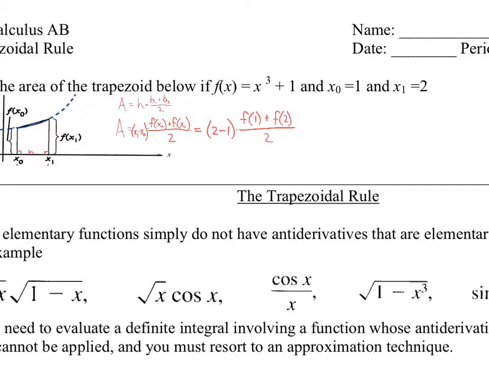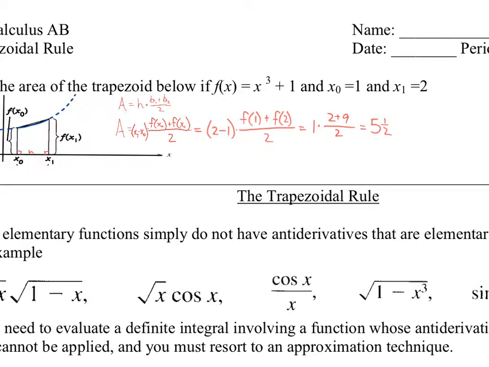Well, f of 1 is going to be 1 cubed plus 1, so that's 2. 2 minus 1 is 1. So we have 2 plus f of 2, which is 8 plus 1, which is 9. So this whole thing comes out to 11 halves, which is 5 1/2. So that's an approximate value of what the integral from 1 to 2 of x cubed plus 1 would be. Again, we're doing an approximation.